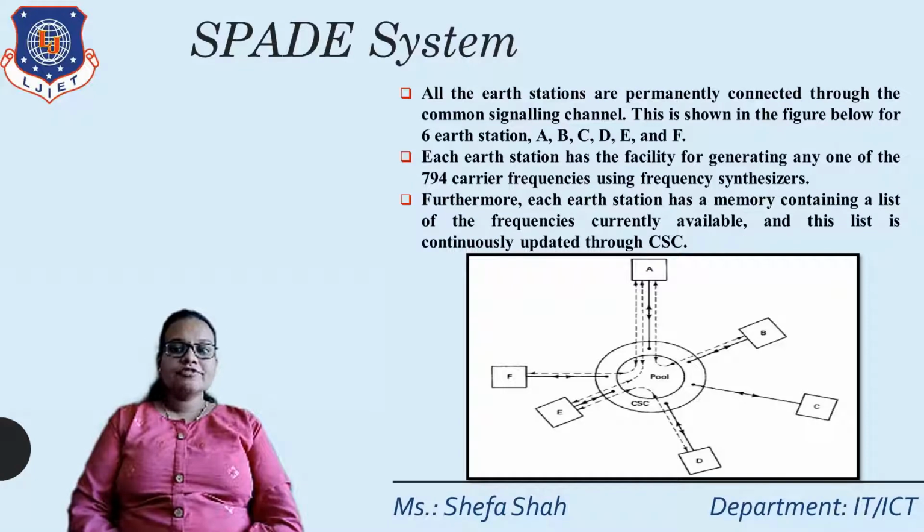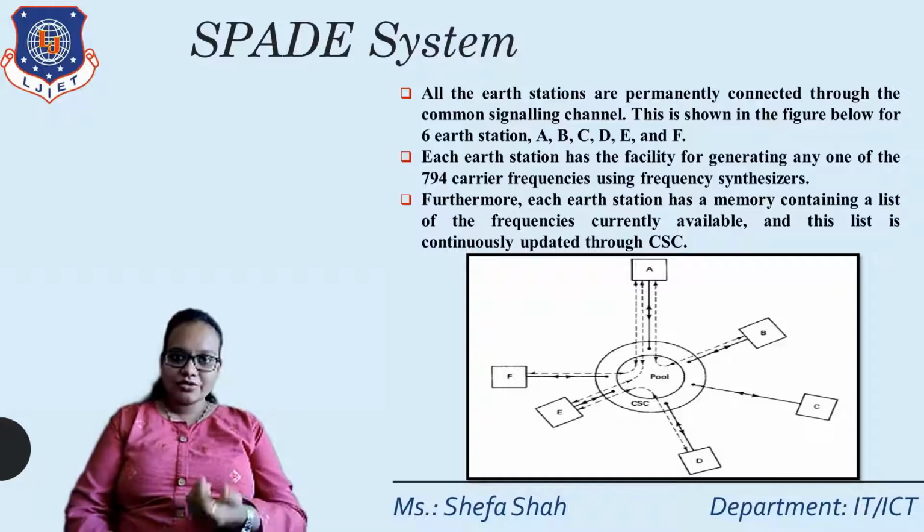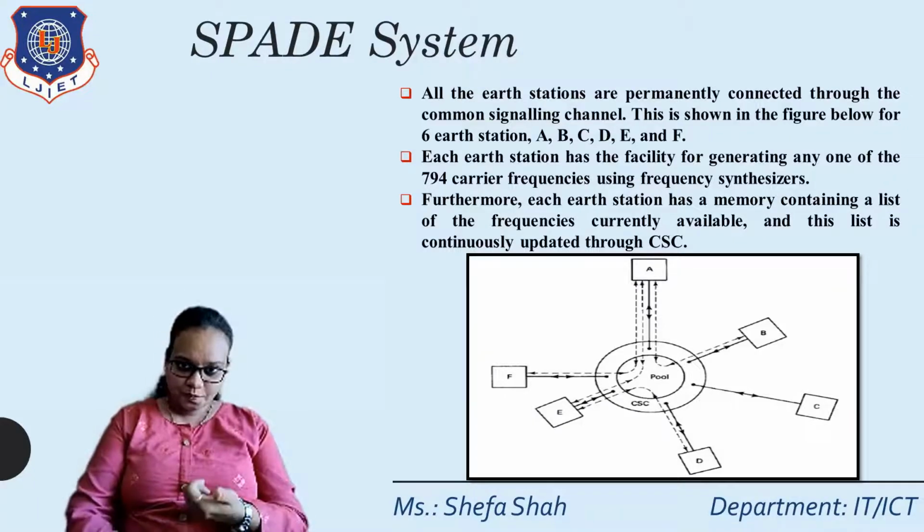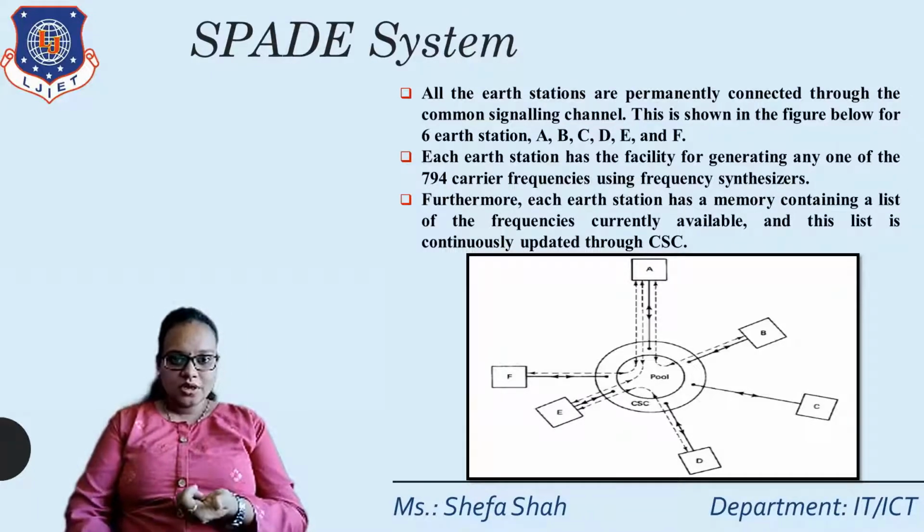This is shown in the figure below for the 6 earth stations, which are A, B, C, D, E, and F. Now, each earth station has a facility for generating any one of the 794 carrier frequencies using a frequency synthesizer. So with the help of the frequency synthesizer, any one frequency out of the 794 can be chosen, right?